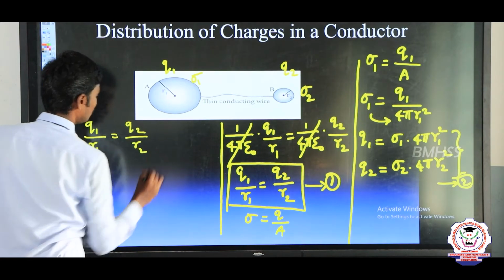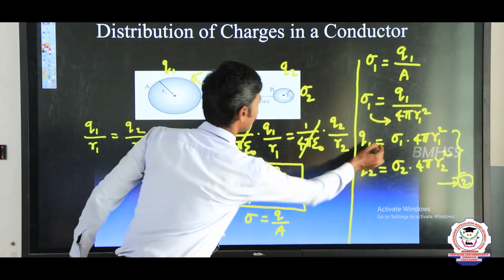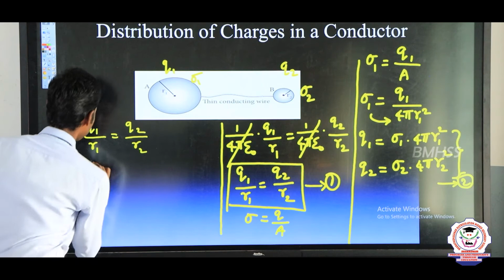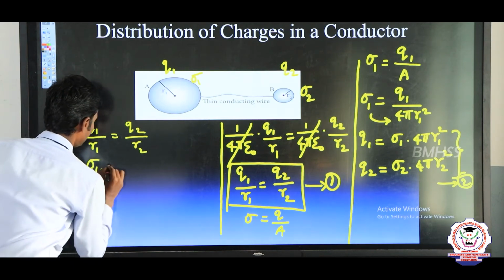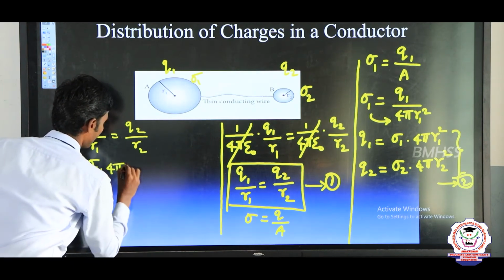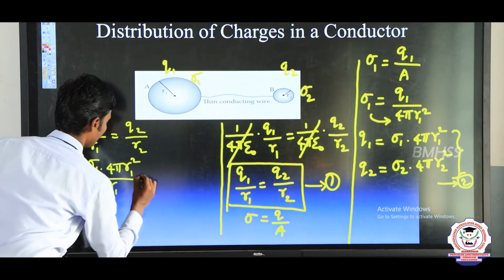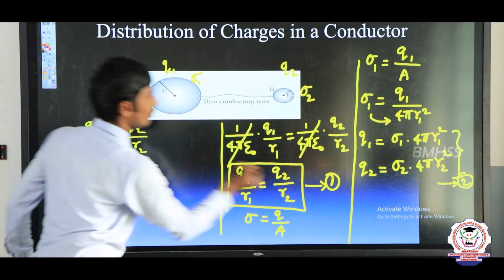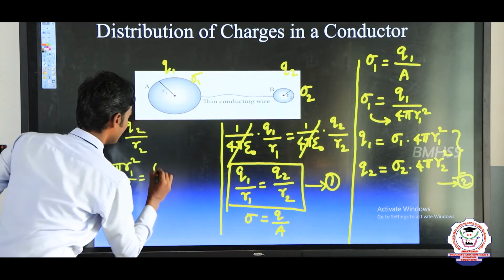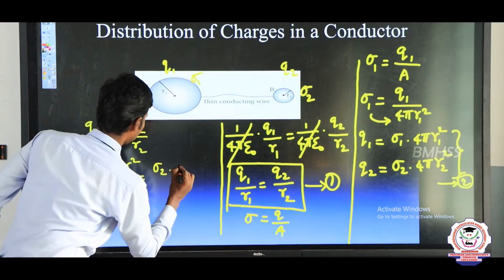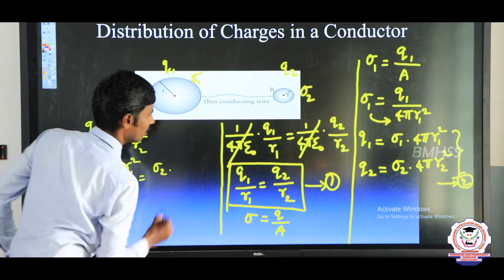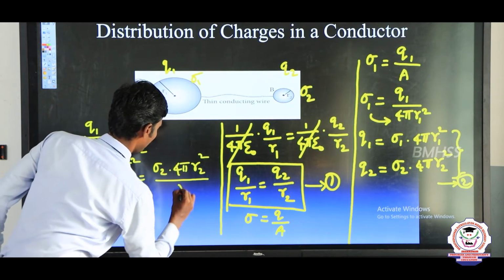So what is the value of Q1 here? Q1 is nothing but sigma 1 into 4 pi R1 square divided by R1, equal to the Q2 value. Q2 is nothing but sigma 2 into 4 pi R2 square divided by R2.